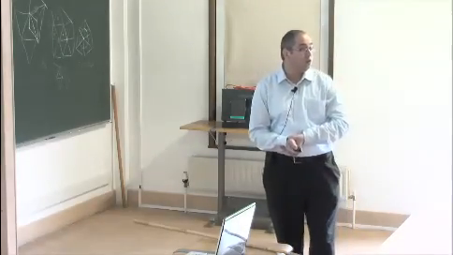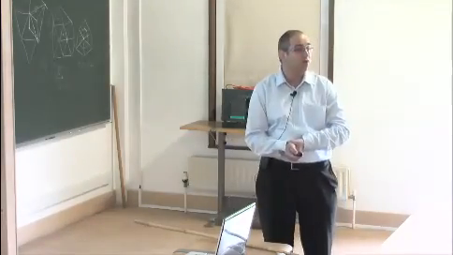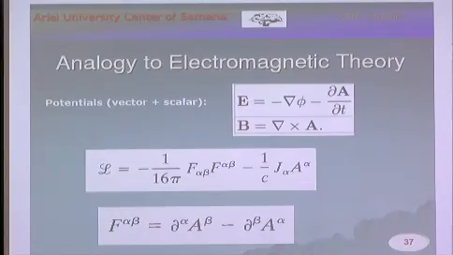Now, mind you that this is not different from the situation in standard electromagnetic theory. If you want to have a variational principle in standard electromagnetic theory, you have to write the electric and magnetic field in terms of vector and scalar potentials. And then once you have those, you can write the Lagrangian density for the standard electromagnetic theory. So the situation is not different from what we are used to in electromagnetic theory.